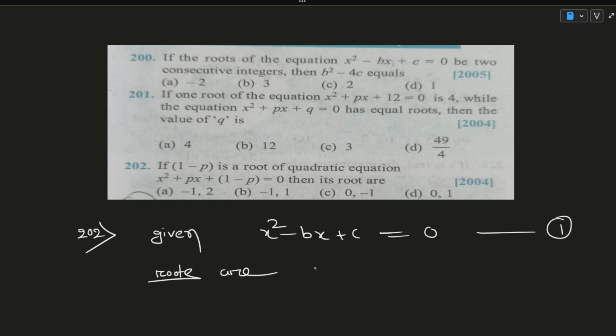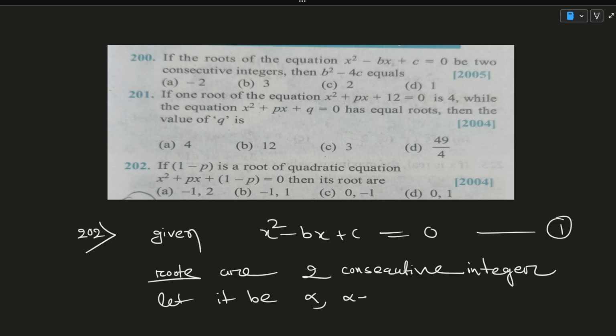Roots are two consecutive integers. Let them be alpha and alpha plus 1.